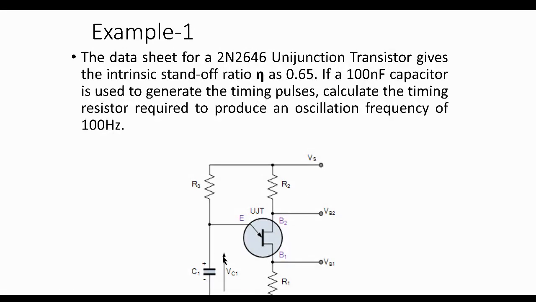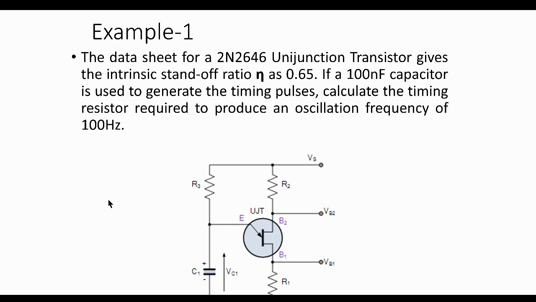And the capacitor that we use here is 100 nanofarad. You're asked to calculate the resistor. So this R3 is our timing resistor, that would enable you to get a frequency of 100 hertz.